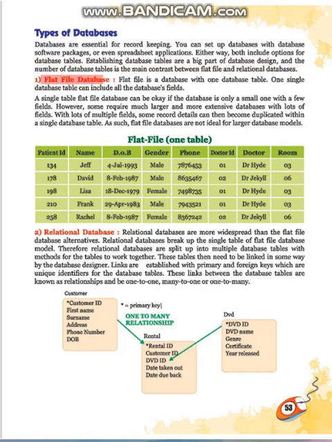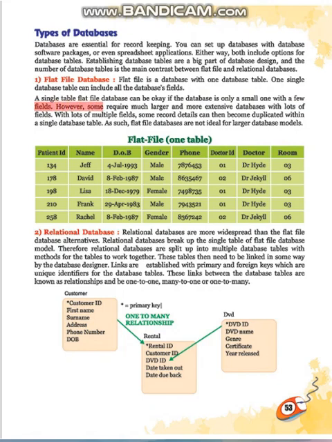Flat file database. Flat file is a database with one database table. One single database table can include all the database fields. A single table flat file database can be okay if the database is only a small one with a few fields.